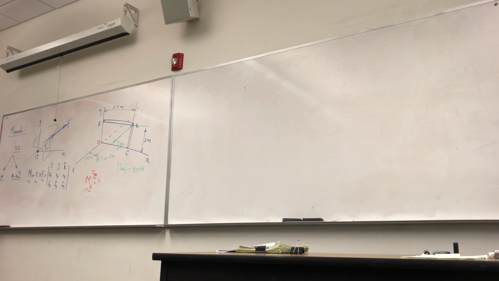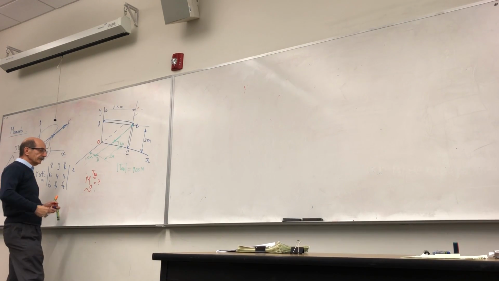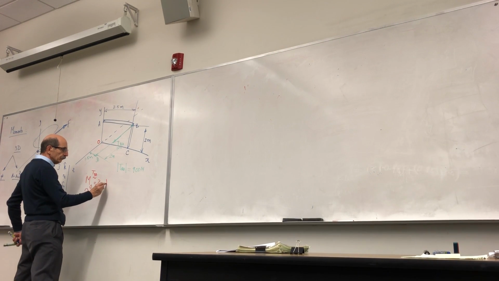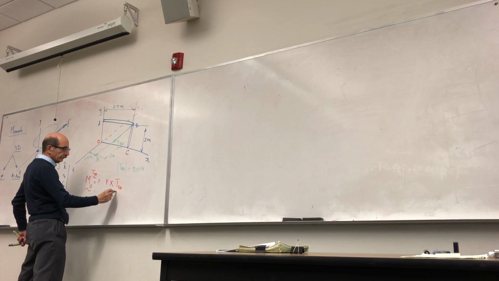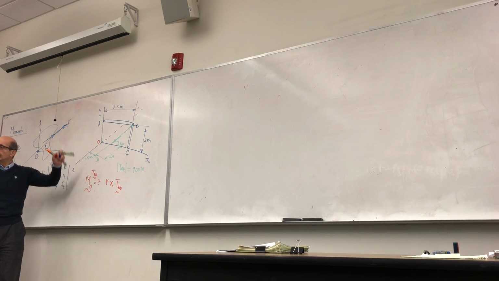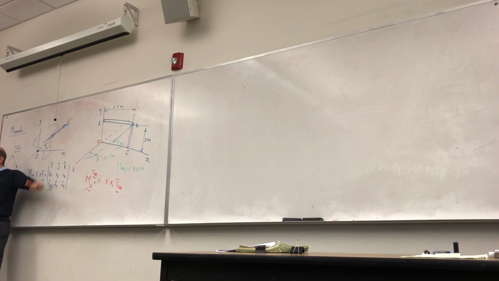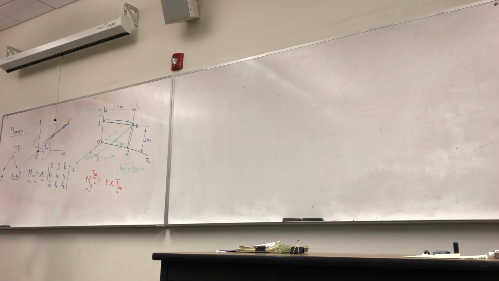Remember, we said the moment of a force about a point can be obtained from this cross product. How do you determine the position vector? You just connect that point to any point along the force.